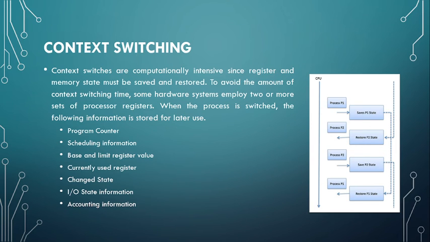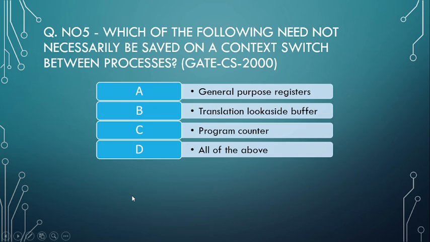When the process is switched, the following information is stored for later use: program counter, scheduling information, base and limit register values, currently used register, changed state, input output information, and accounting information. So when we swap the process in again to main memory, this information is needed to resume the process.